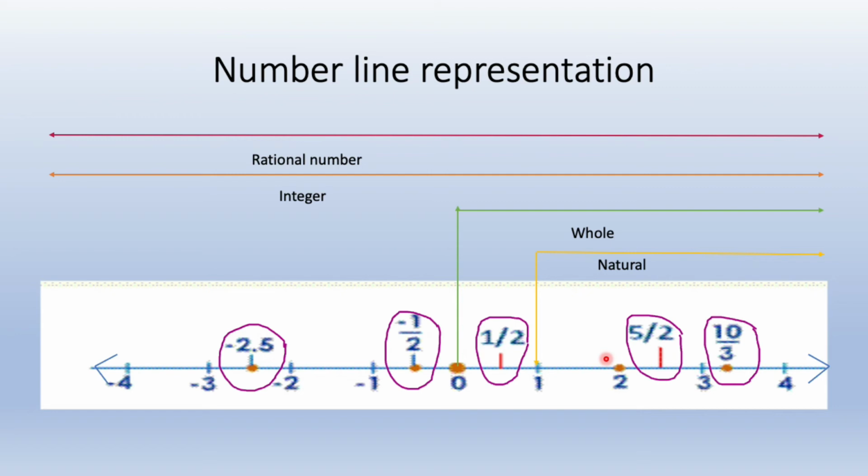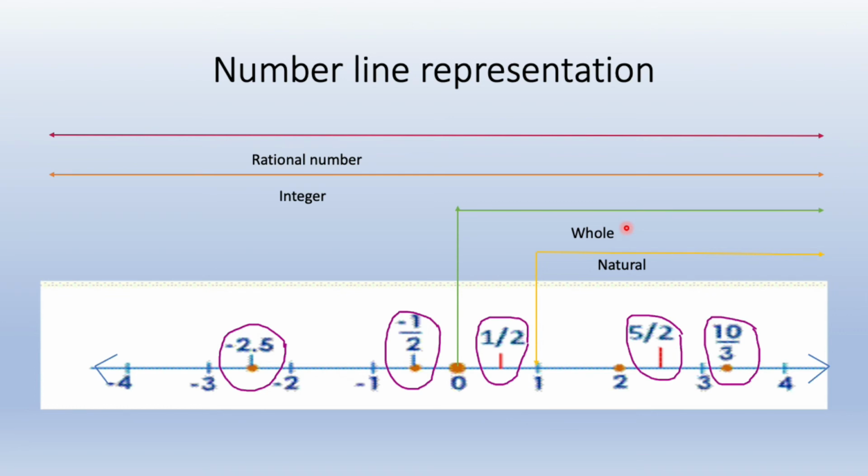So on the left hand side the boundary is 1. For whole numbers, the number line can also extend to the right hand side indefinitely, but on the left hand side the boundary is 0.